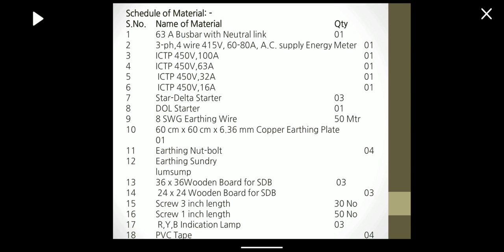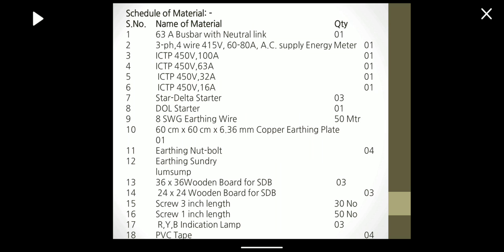Now the schedule of material, that is, what we basically want in the industrial installation. First, a 63 ampere bus bar with neutral link. Then a 3 phase 4 wire 415 volt, 60 to 80 ampere AC supply energy meter is required. Then ICTPs, of which there are many types.